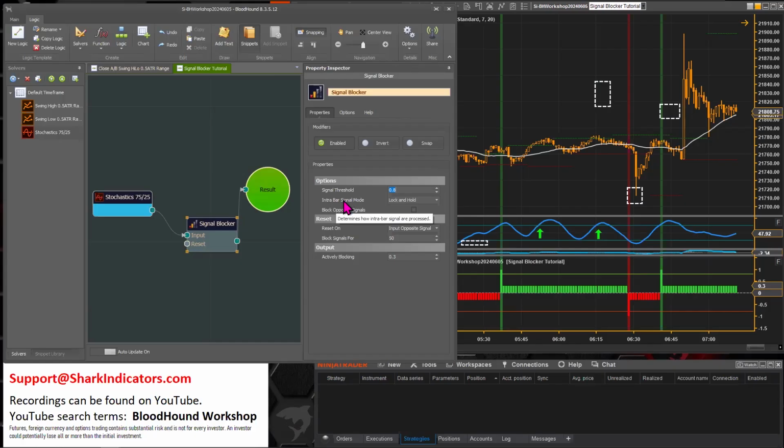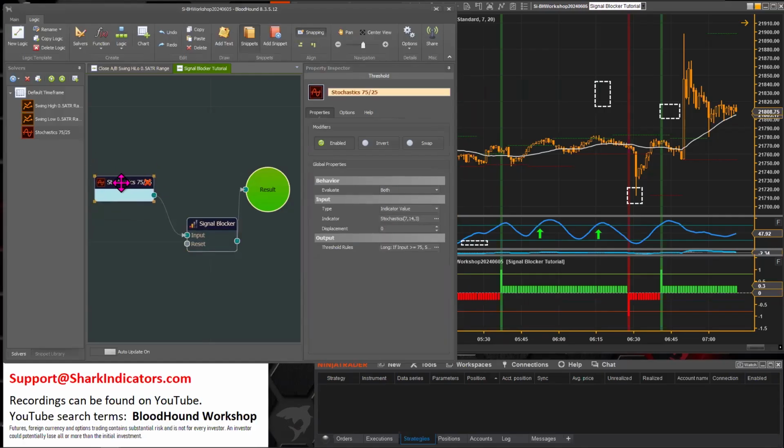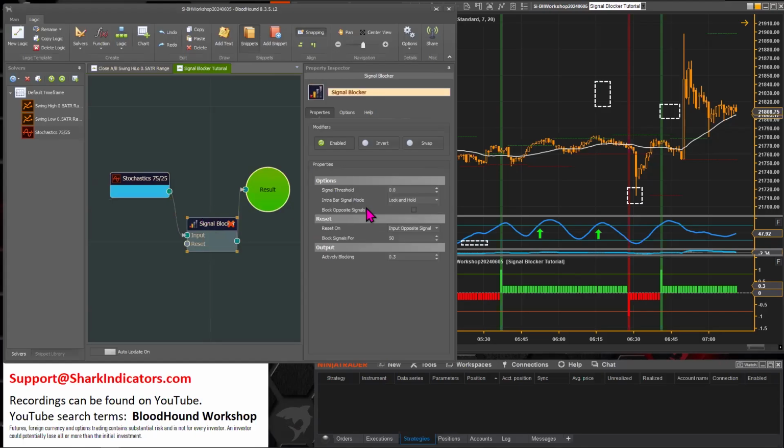So if you were building a fuzzy logic system here, then the signal blocker is not always going to block everything coming into it, right? Whatever is being fed into the signal blocker, the output value here needs to be greater than this 80% before the signal blocker will start blocking.